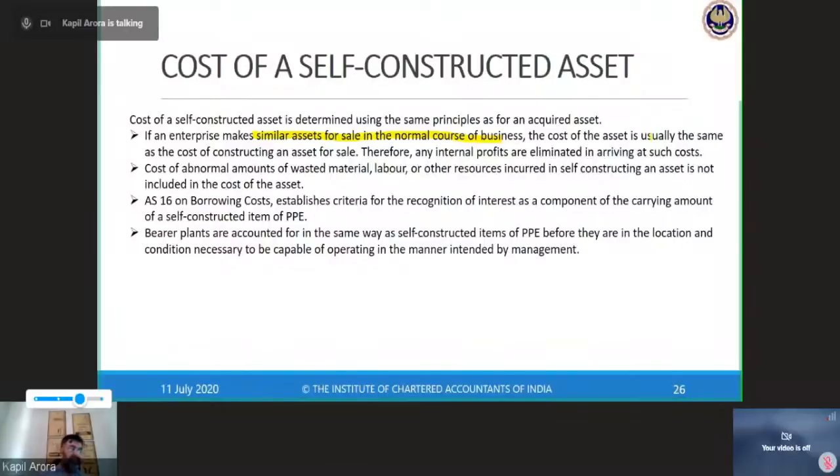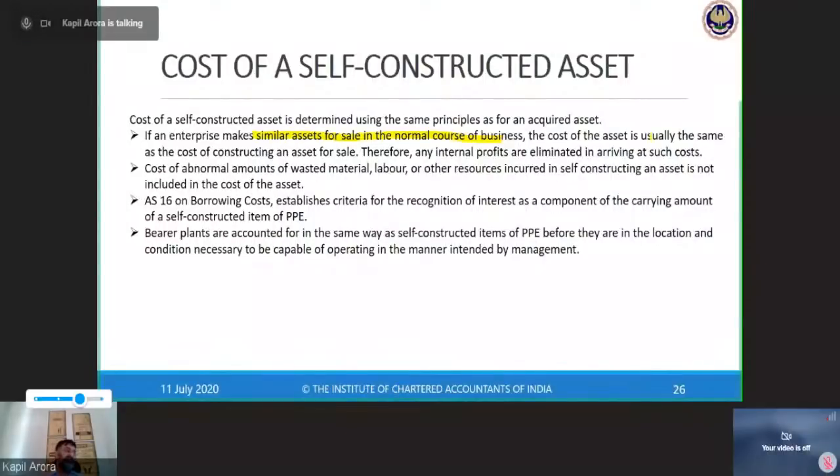It would be costed in the same way as the inventory. As they calculate the inventory cost, their cost will be the same as the inventory cost.